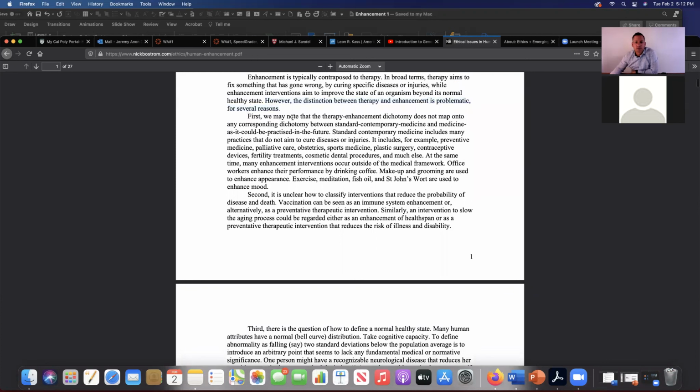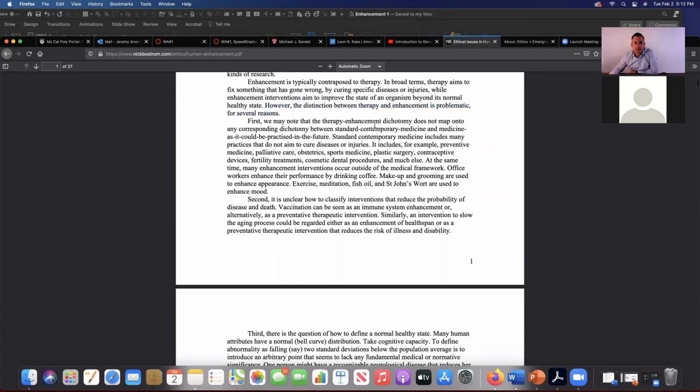First, we may note that the therapy enhancement dichotomy does not map onto any corresponding dichotomy between standard contemporary medicine and medicine as it could be practiced in the future. Standard contemporary medicine includes many practices that do not aim to cure diseases or injuries. So are those going to count as enhancements then? Doesn't seem like they should. It includes, for example, preventative medicine, palliative care, obstetrics, sports medicine, plastic surgery, contraceptive devices, fertility treatments, cosmetic dental procedures, and much else.